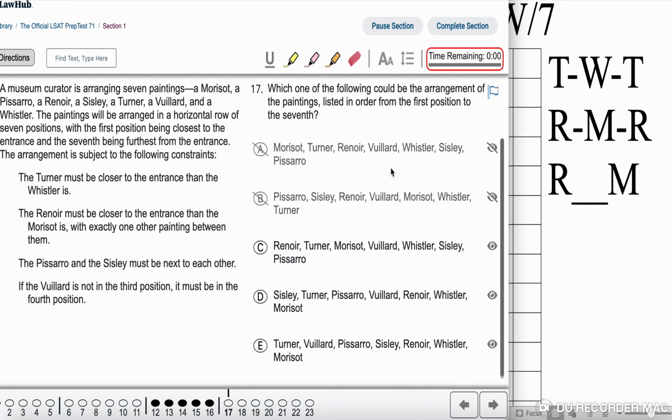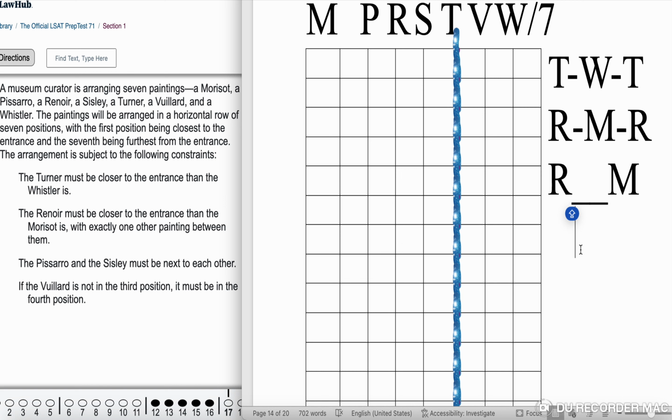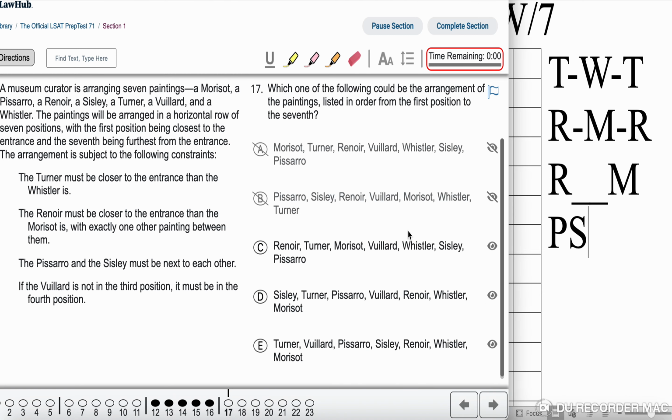Let's continue on with the third condition. P and S must be next to each other. Let me see where they are not next to each other.